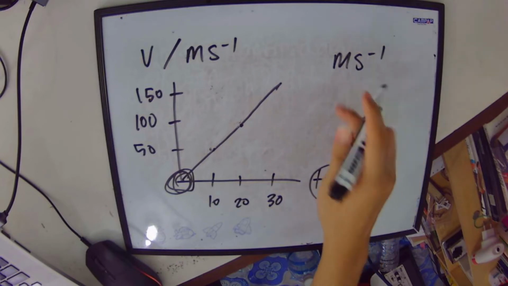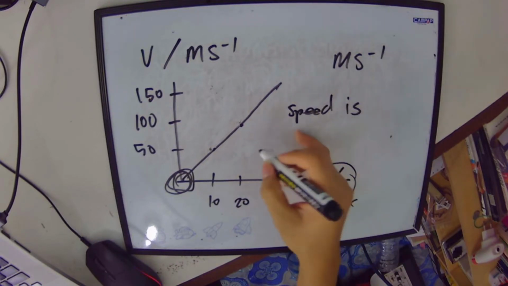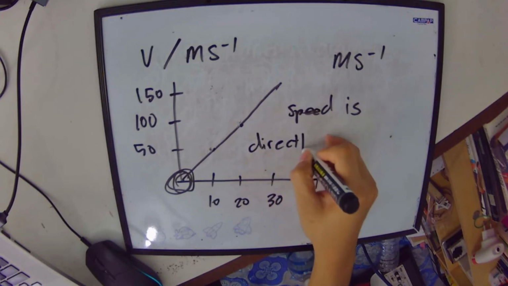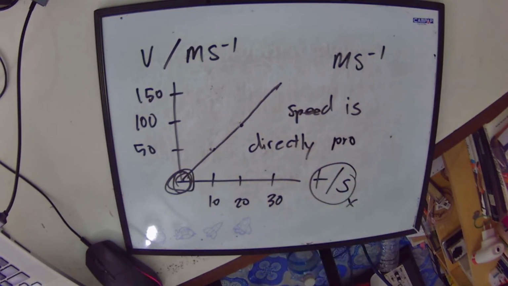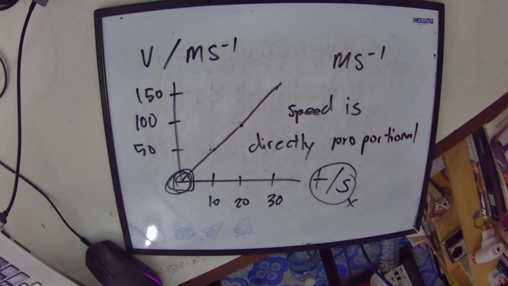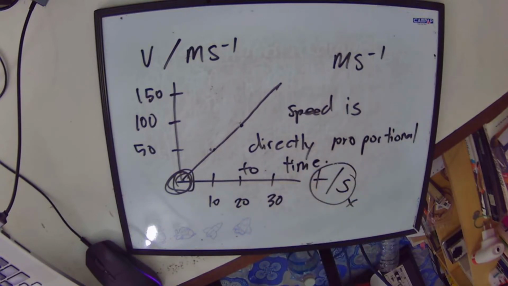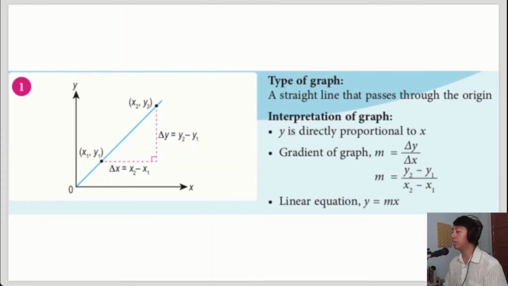So you will say speed is directly proportional to time. So that's an example lah. So you might get this kind of question in the future. Alright, so back to the slides. So that's the first type of graph.